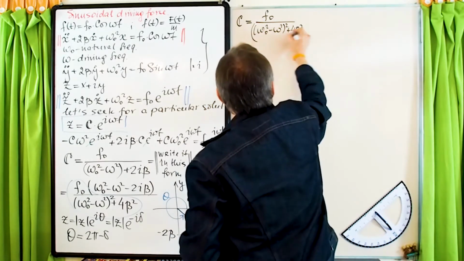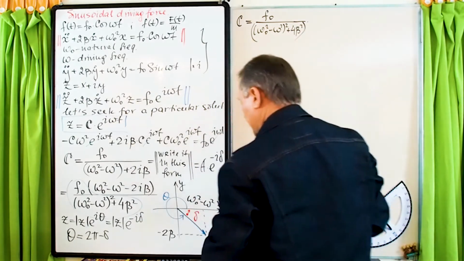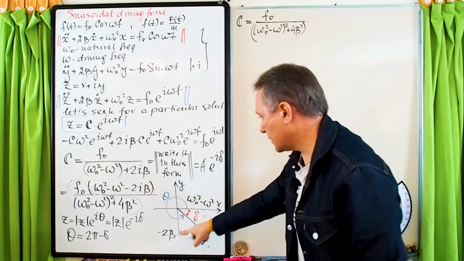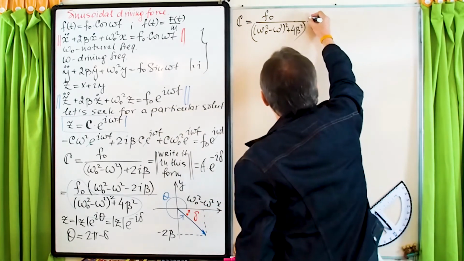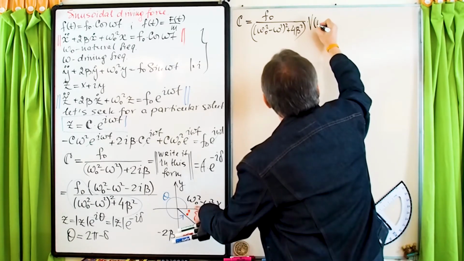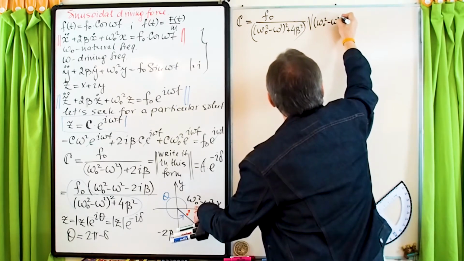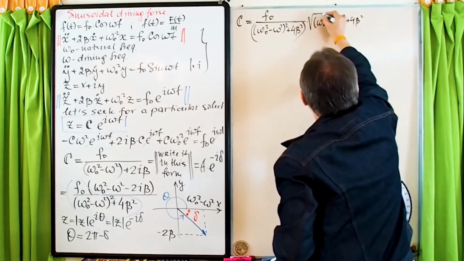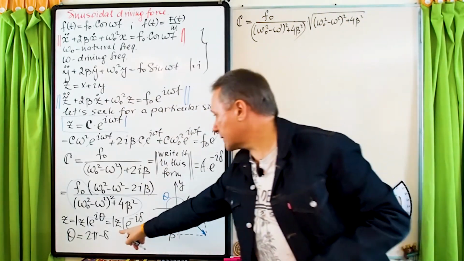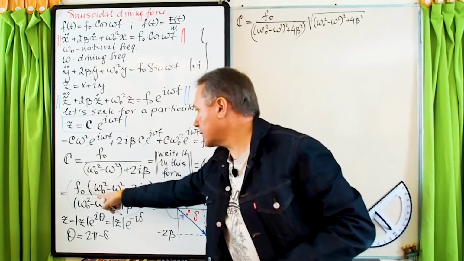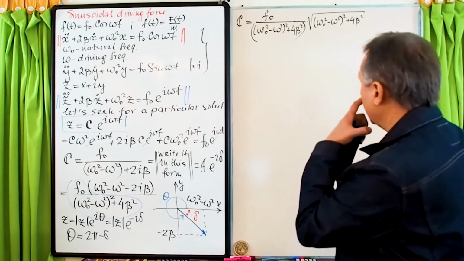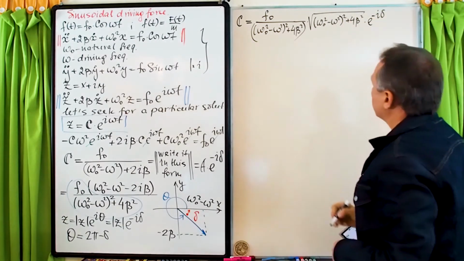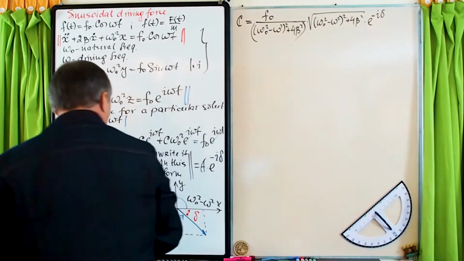And so now the absolute value of z will be the square root of this plus the square of that. So it will be the square root of omega naught squared minus omega squared, squared plus 4 beta squared. Right. So this is z, which I use instead of this complex number over here. And e to the power of minus i delta, right?